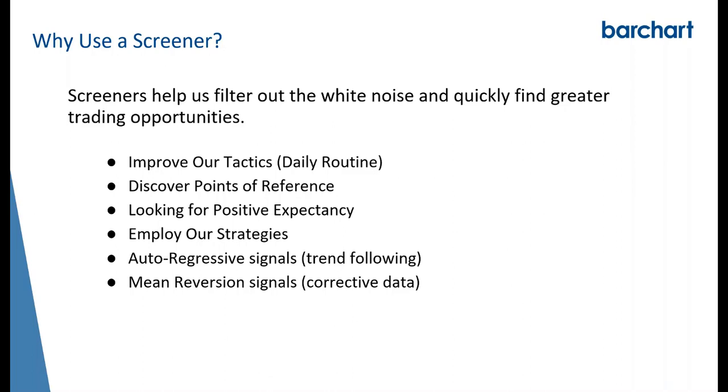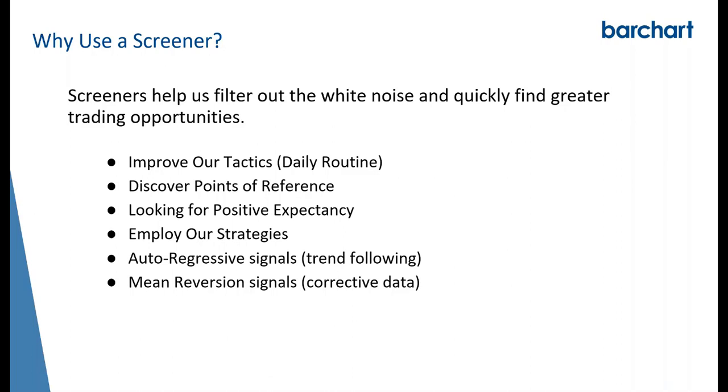Now, for junior traders, our daily routine and our tactics are going to help us identify price structure, in terms of price recognition. What does it look like on a chart, right? As I get more efficient and gain more experience, these price patterns and recognitions are going to help me find those strategies.